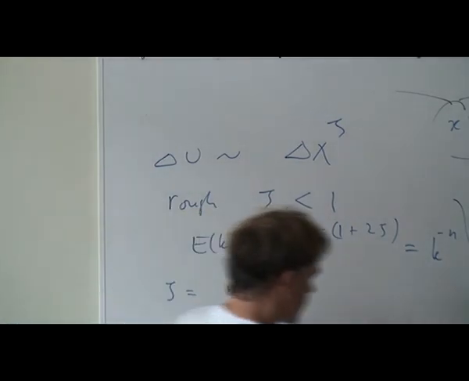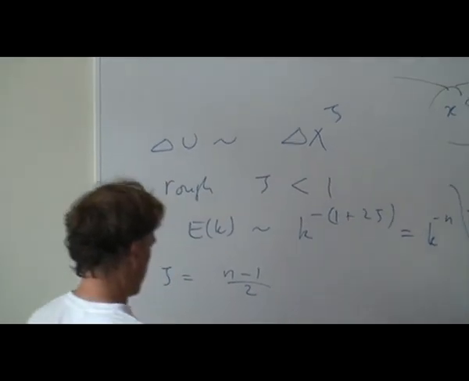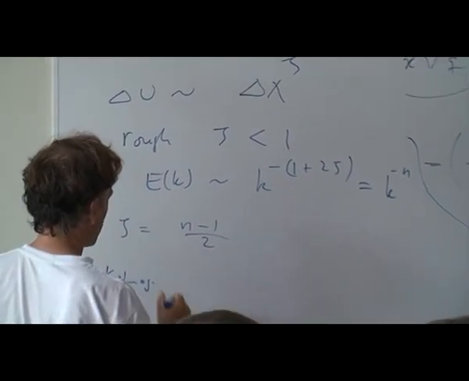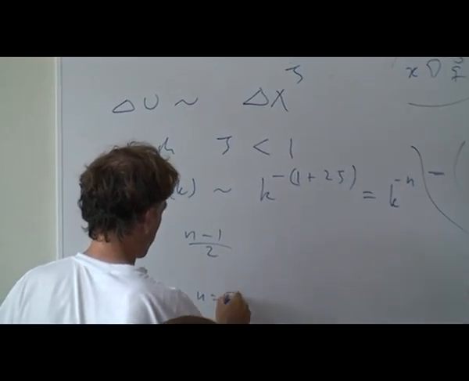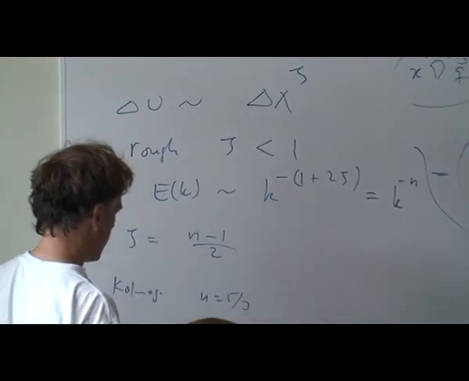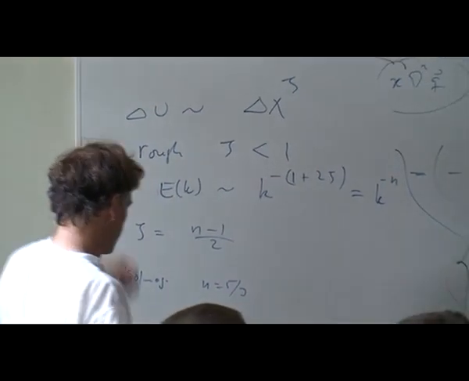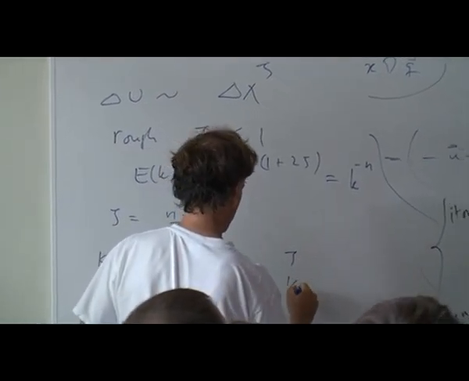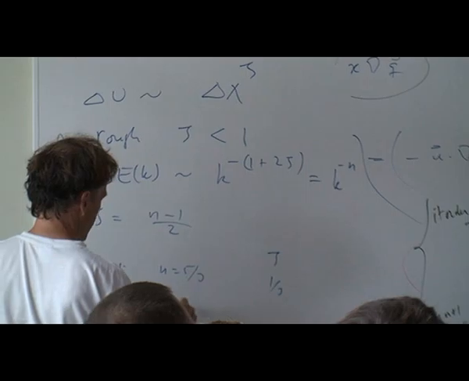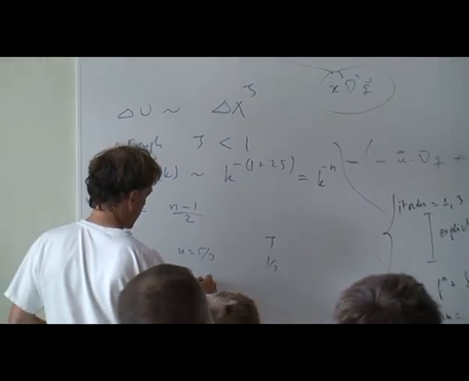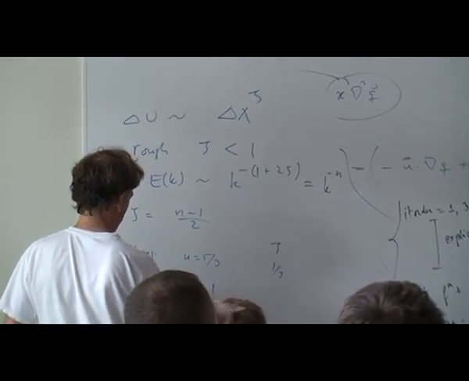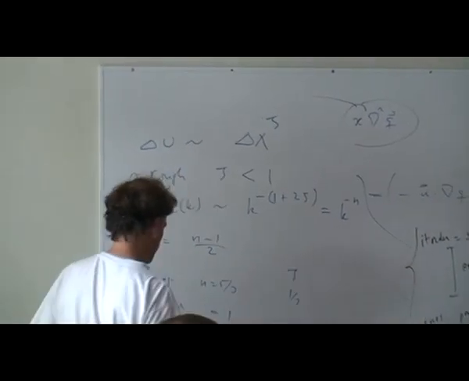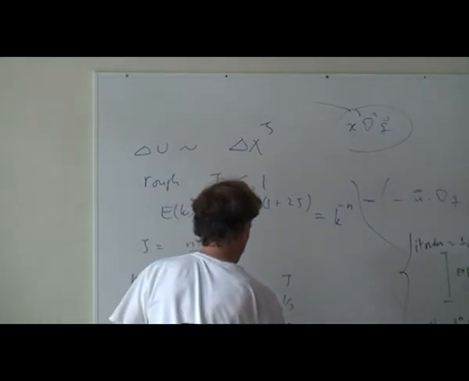So for Kolmogorov, n is equal to 5/3. So that means we have 2/3, 1/3, that's rough. If we have minus 1 in the bottleneck, then this result becomes 0. That's very rough.